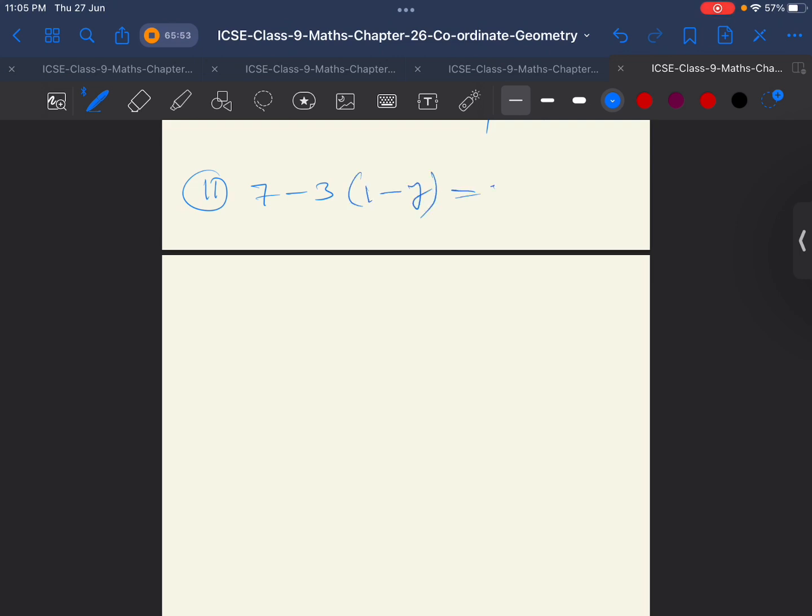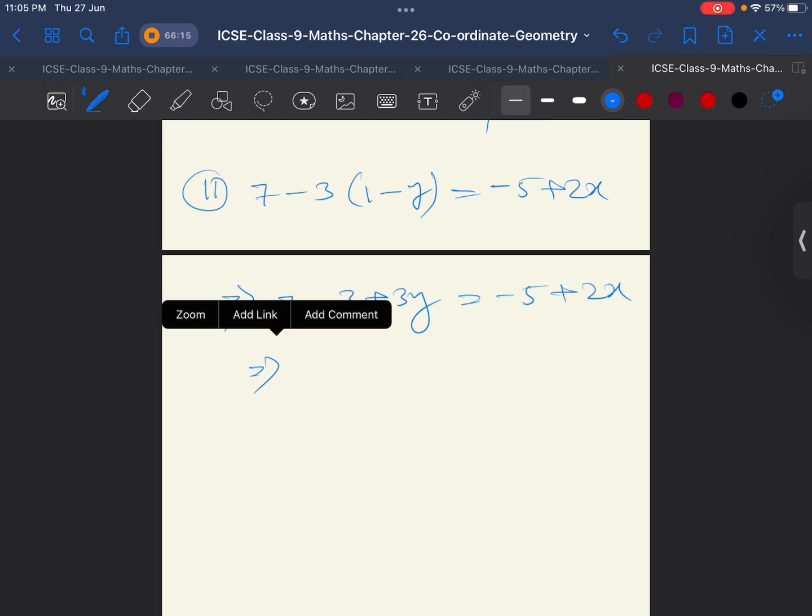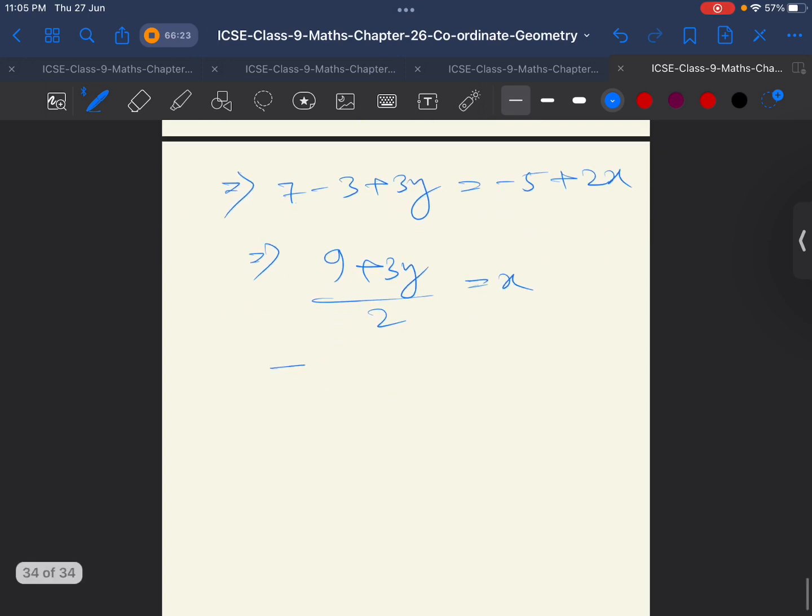Okay, now the second question: 7 minus 3 into 1 minus y equals minus 5 plus 2x. This implies 7 minus 3 plus 3y equals minus 5 plus 2x. Shifting minus 5 to the left hand side, we get x equals 9 plus 3y by 2.